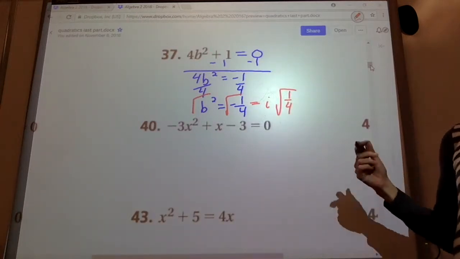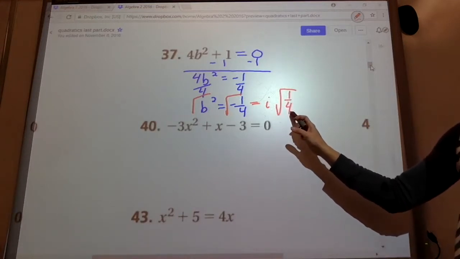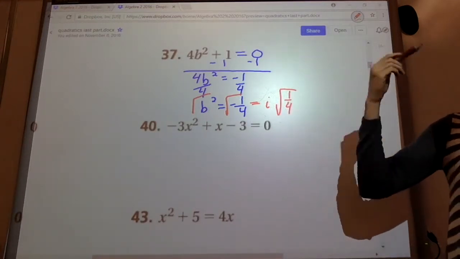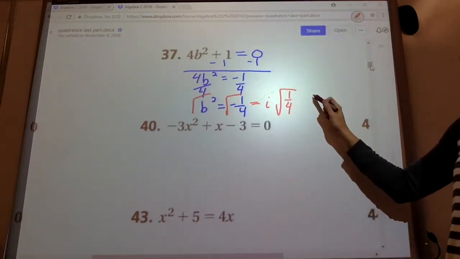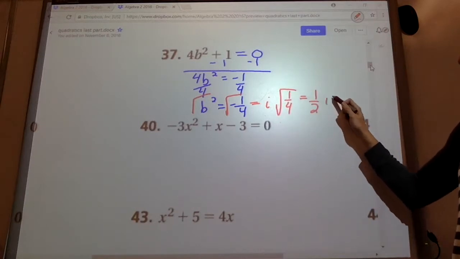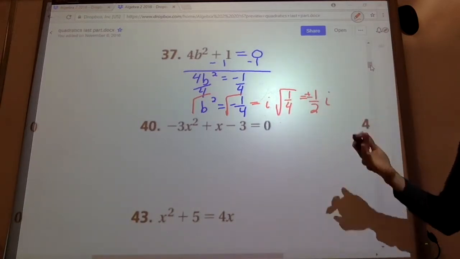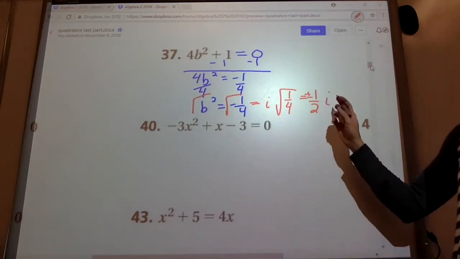And then I can look at my square root, and I'm square rooting a 1, and I'm square rooting a 4. Those should be familiar to me and I think, oh, they're perfect squares. The square root of 1 is 1. The square root of 4 is 2. So I would have plus or minus 1/2 i. Okay, i usually goes behind.